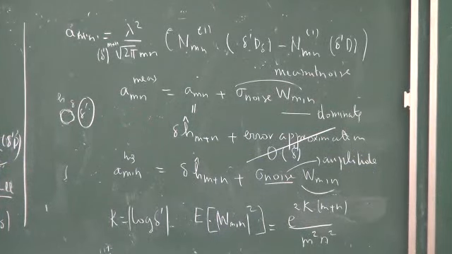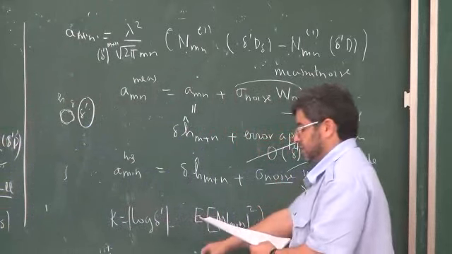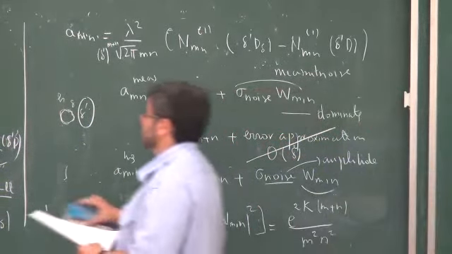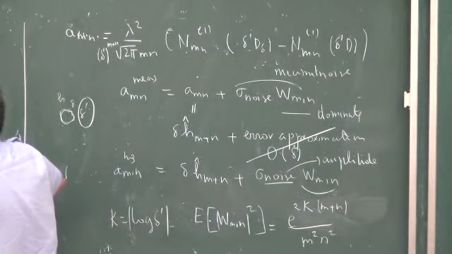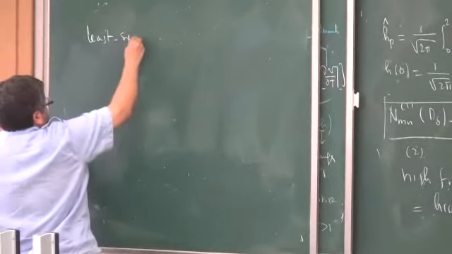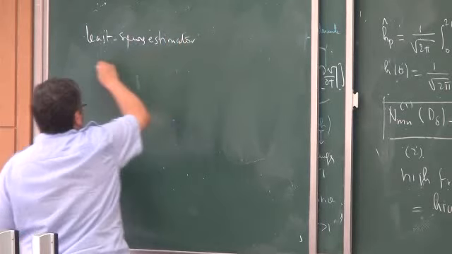Now I have to estimate. So what's the estimator of this guy? Estimator, least square estimator. It's easy to get. Least square estimator. Least square estimator is the estimator for h_p.